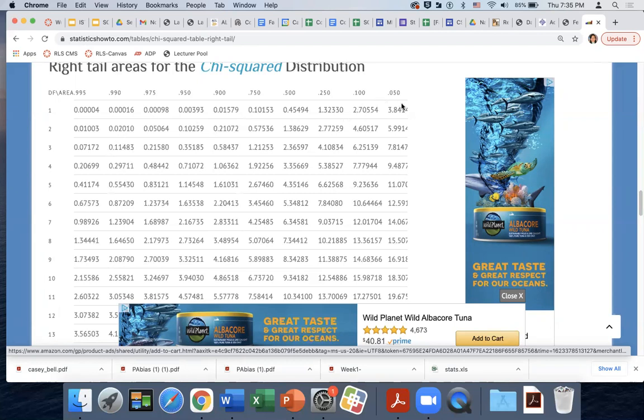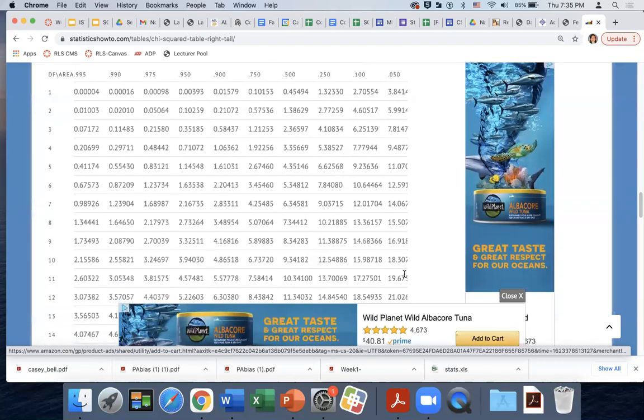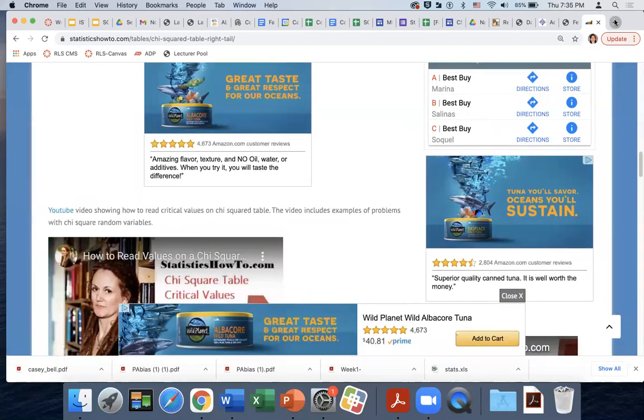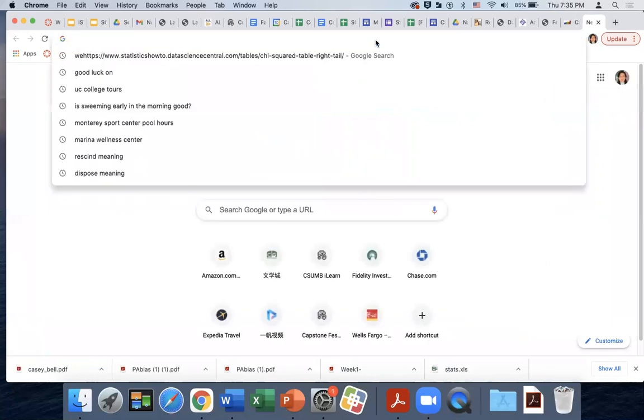You'll see, I think this is 5%, the alpha level 5% is over here. This is chi-square, so we are comparing more categories. This is probably not a good example. Let's see.